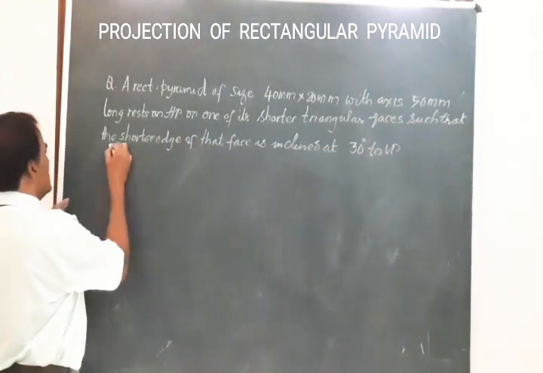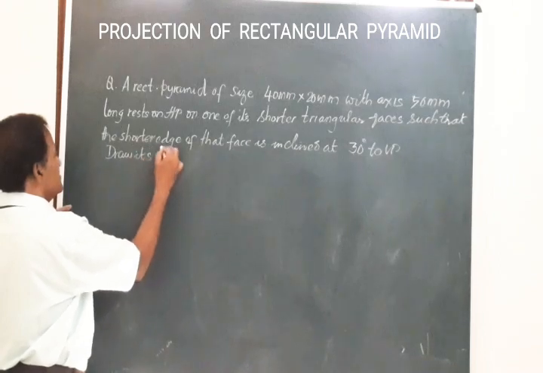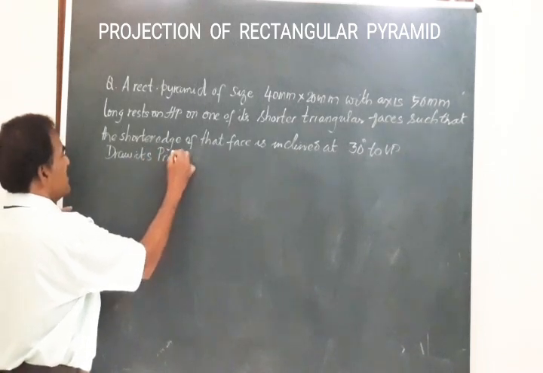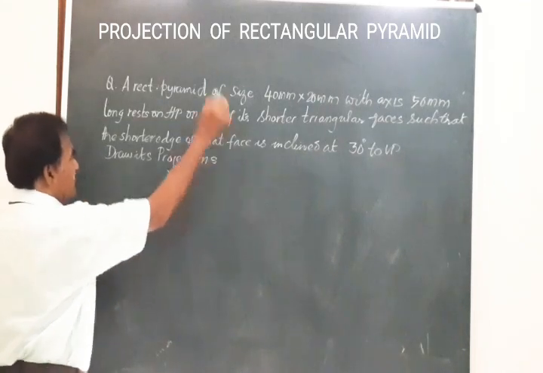Draw its projections. That is the projections of the rectangular pyramid.